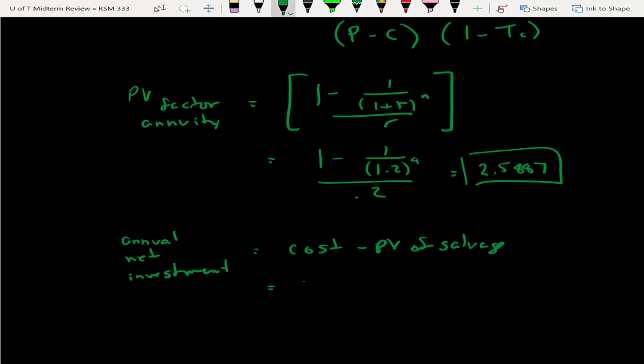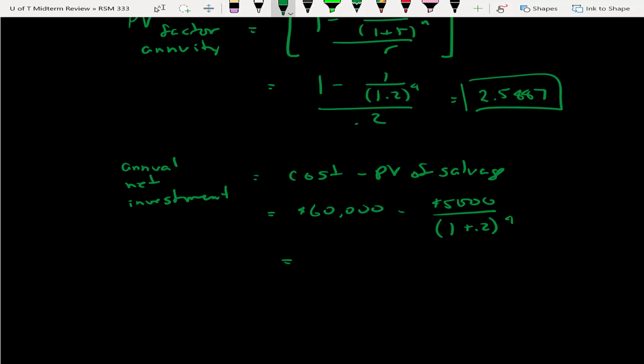The cost was given as $60,000, and the present value of the salvage is $5,000 divided by 1 plus the discount rate to the power of 4. We get a total value of 60,000 minus 2,411, which gives 57,589.